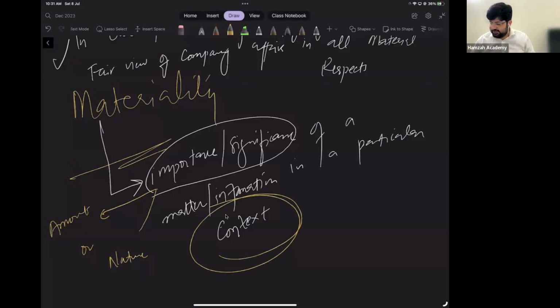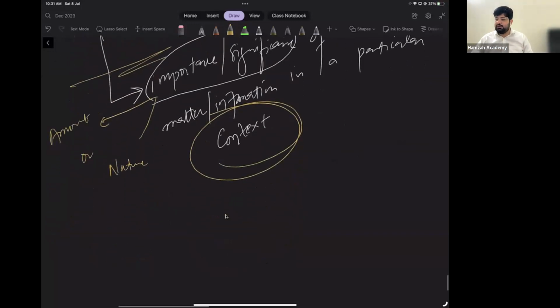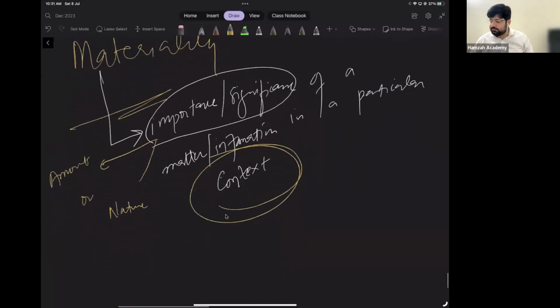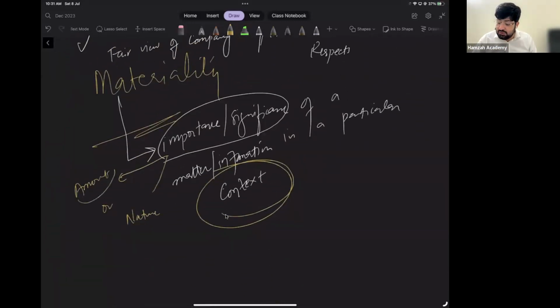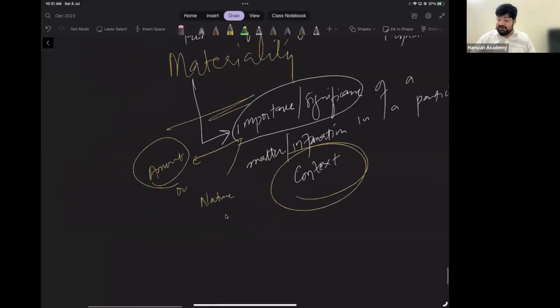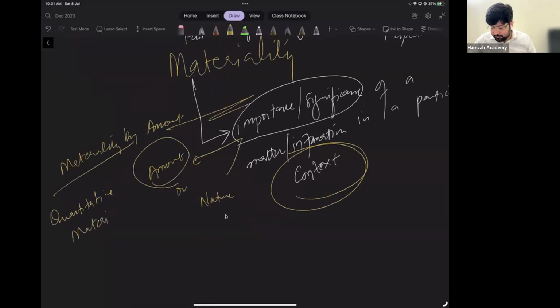Now, next point. The next point is that amount is important. So materiality by amount. It is also called quantitative materiality. Nature of information is important.